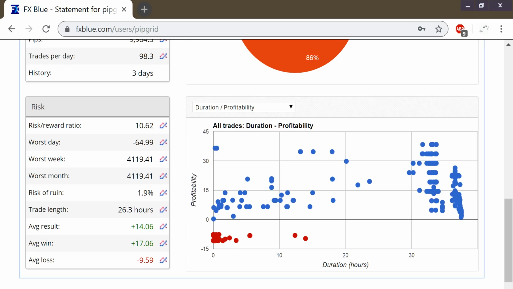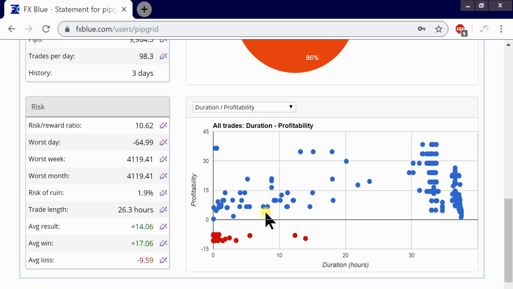So here's the rewrite of the script. Everything to the left of here is all the first versions where I'm risking $10 on all this stuff, and I'm trying to make this 35 here.